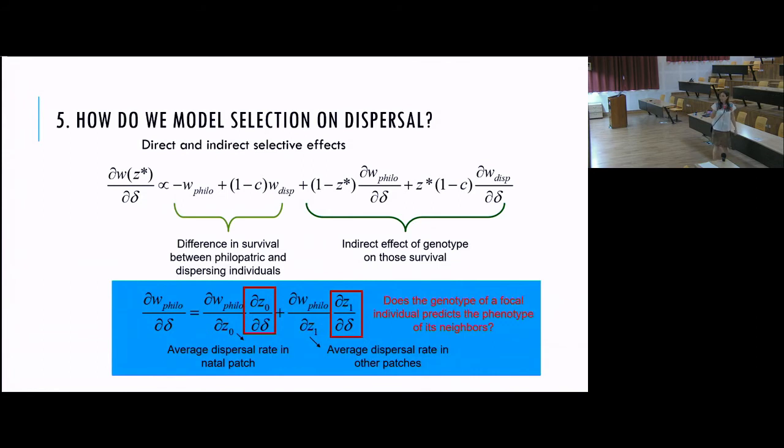And so you've got selection on this focal individual which is indirect, through the correlation between its own phenotype and the phenotype of its neighbors. This is an indirect effect of genotype on those survivors. And this will occur anytime you've got any type of genetic structure in the population, and anytime the probability that you find individuals that resemble you is higher if they are in the same population than in some other population.